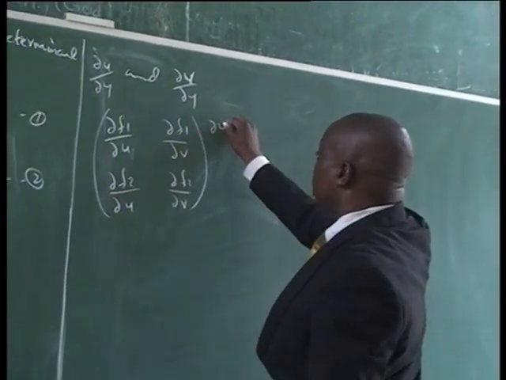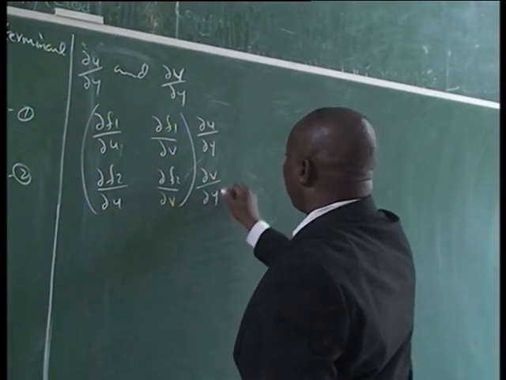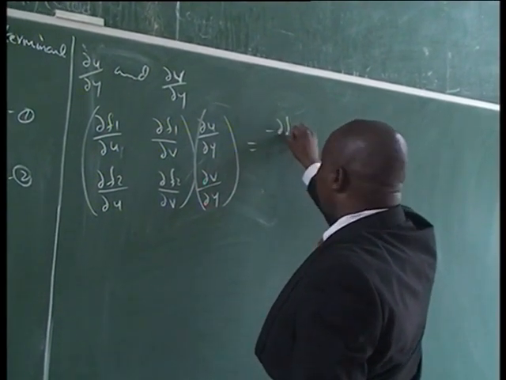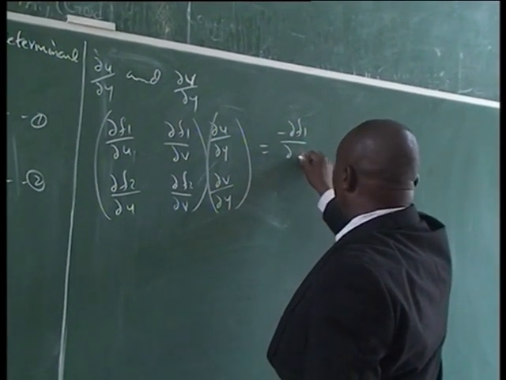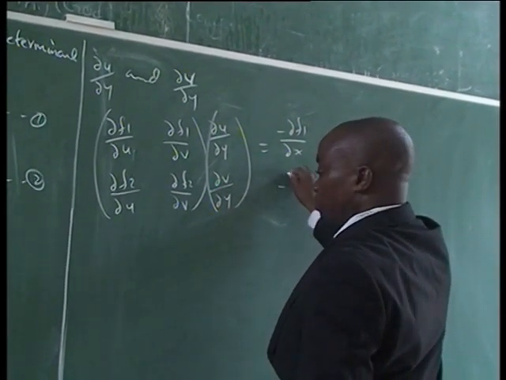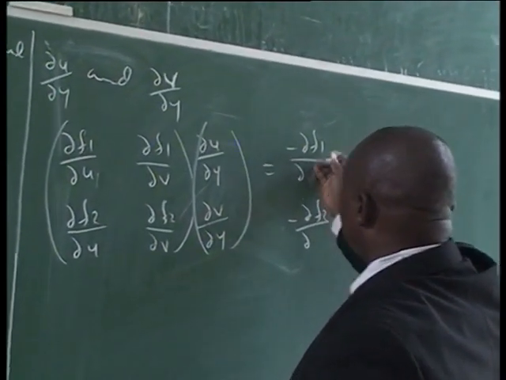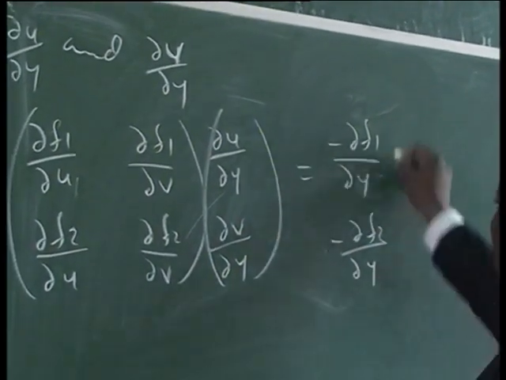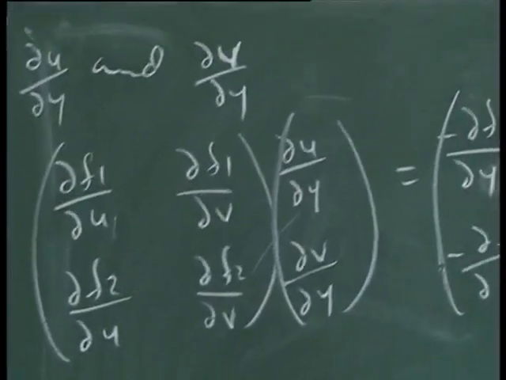Then we have partial u partial y, partial v partial y will be equal to minus partial f1 partial y, minus partial f2 partial y. So that is another definition you can use to get these two.